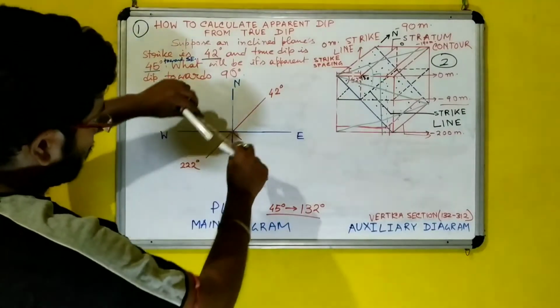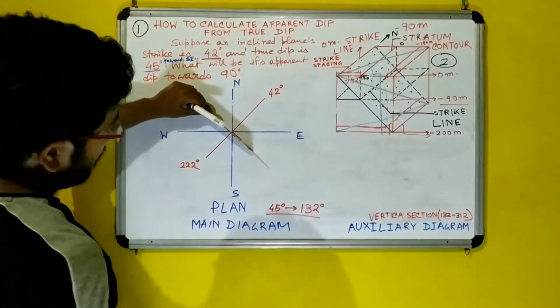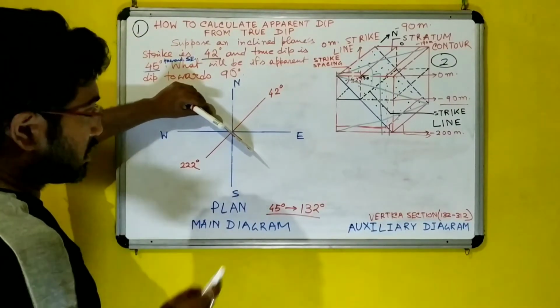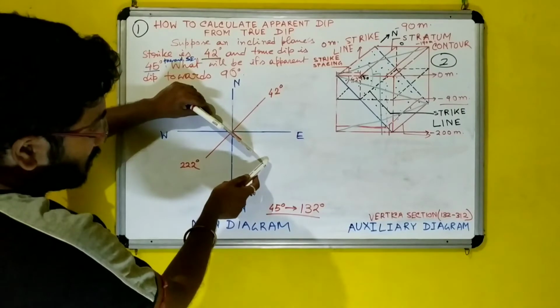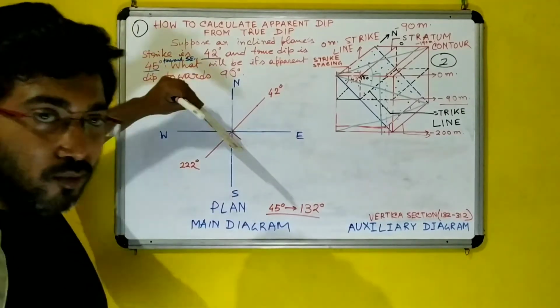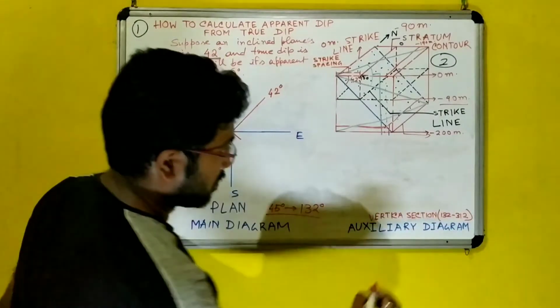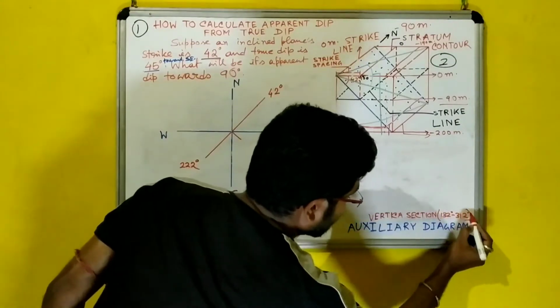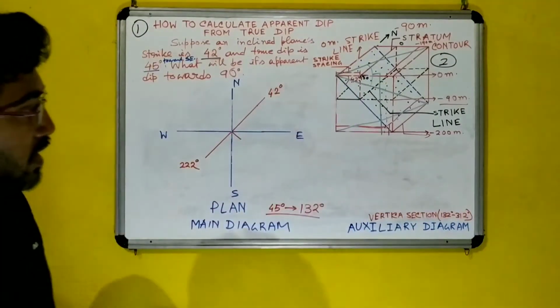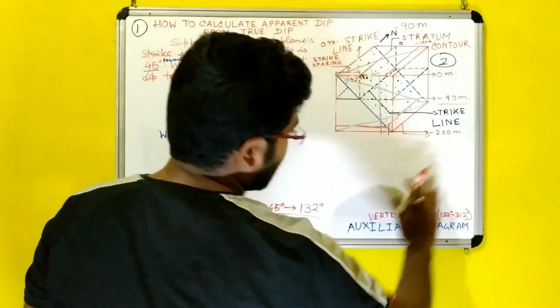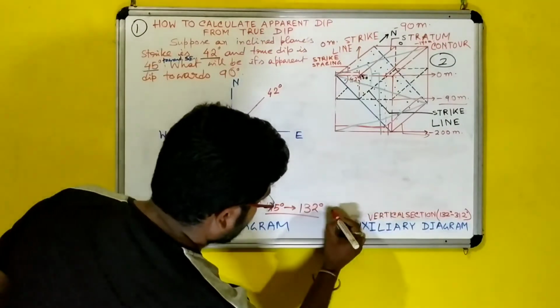The trend of a section, of any plane or any line, I already said it has two ends, so this end is 132, this end is 312. So this is the 132 degree and 312 degree. This is the section trend here, trend.